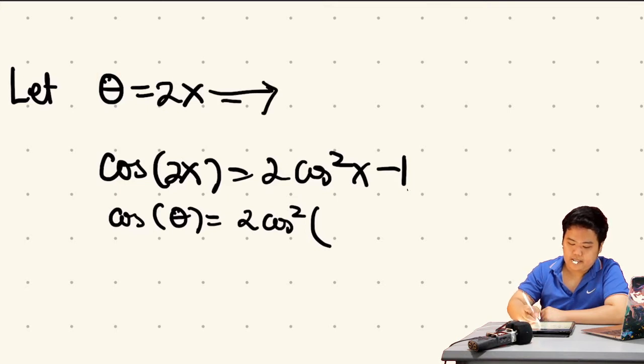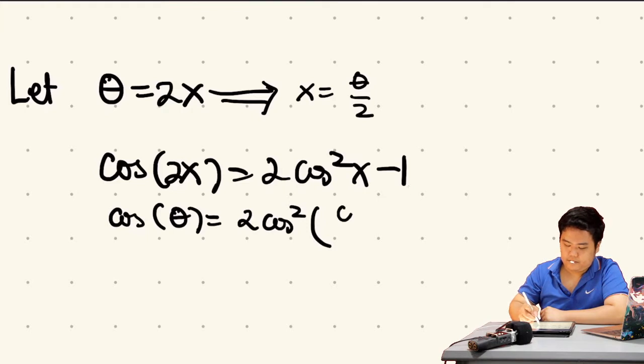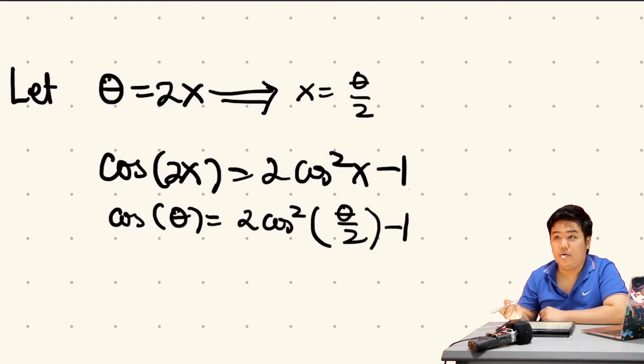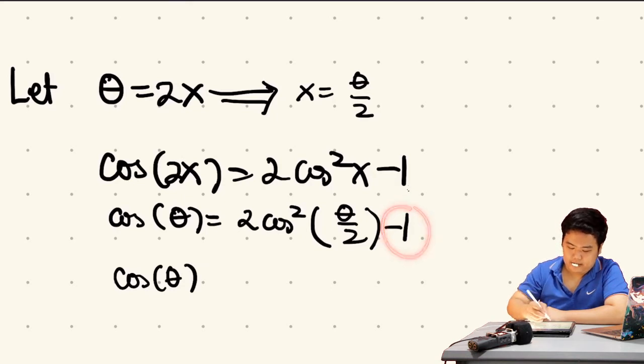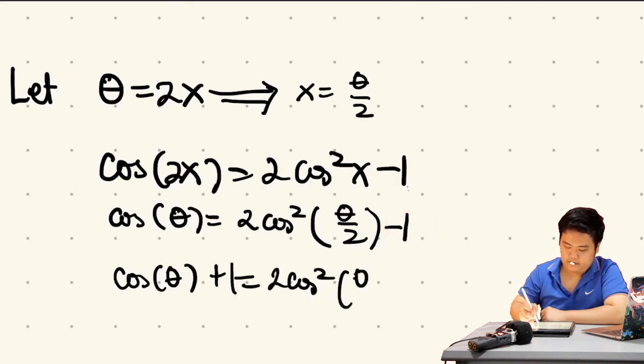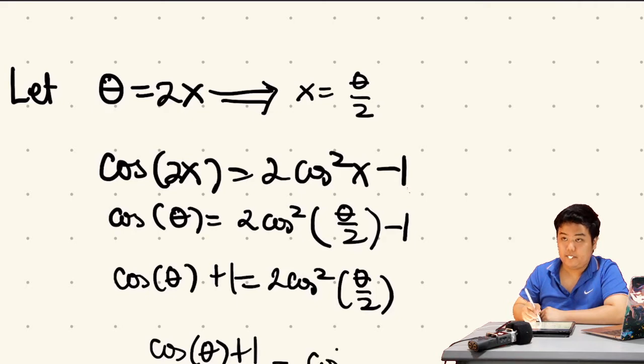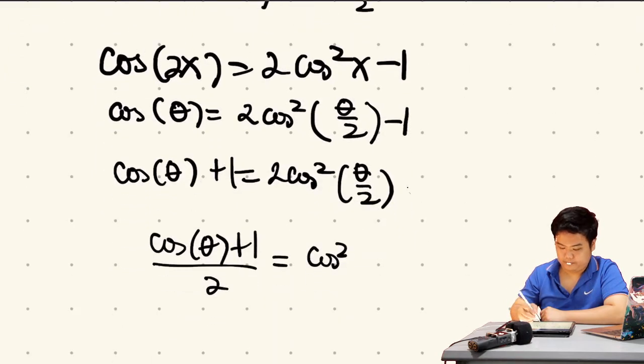So, this means x is equal to theta over 2. And then, let us compute for cosine theta over 2. Lipat natin ito sa kabila. So, cosine theta plus 1. Divide both sides by 2. Okay?